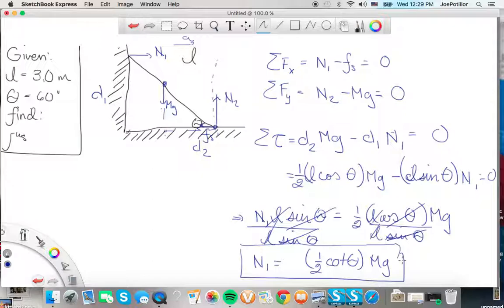Now, does anybody see where we're running into a problem here? Yes, we have the weight of the ladder. So now I can state the coefficient of friction from this point.